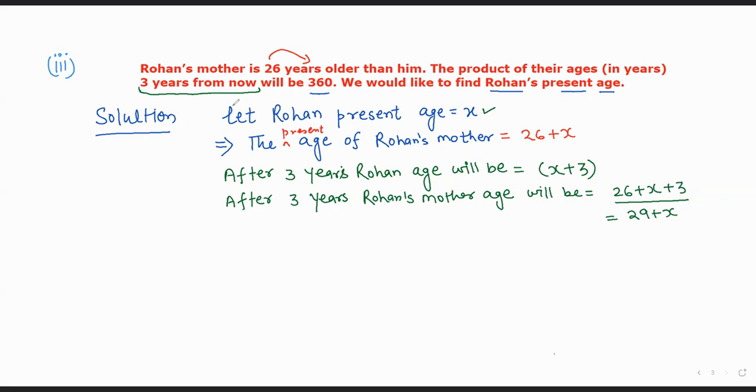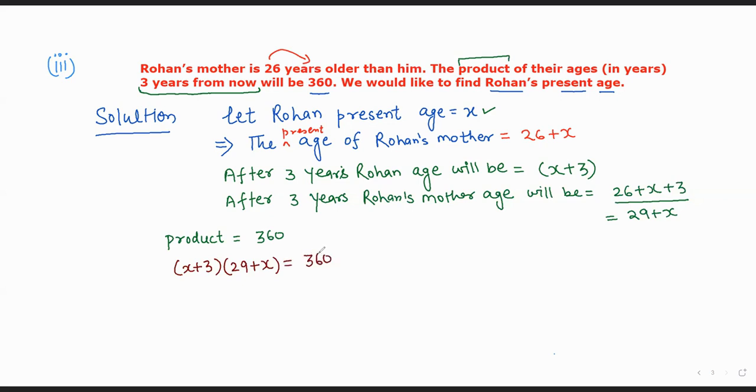Alright. Now we are given the product of their ages. So the product after 3 years is given as 360. So now let's write, after 3 years the product of their ages will be (x plus 3) times (29 plus x), and it is given to us as 360.